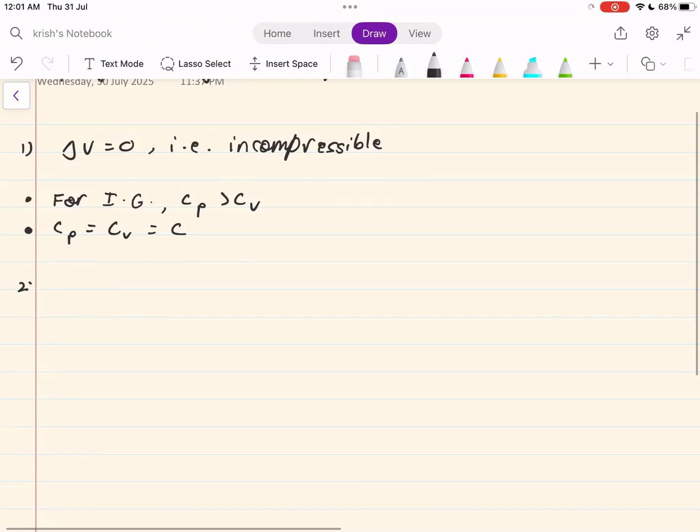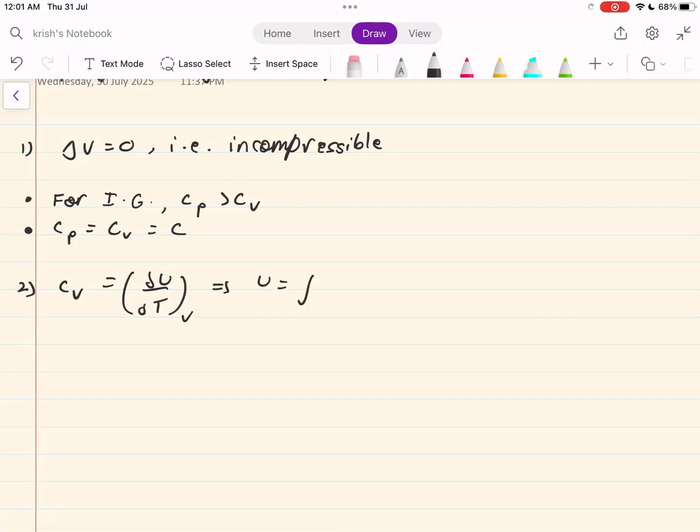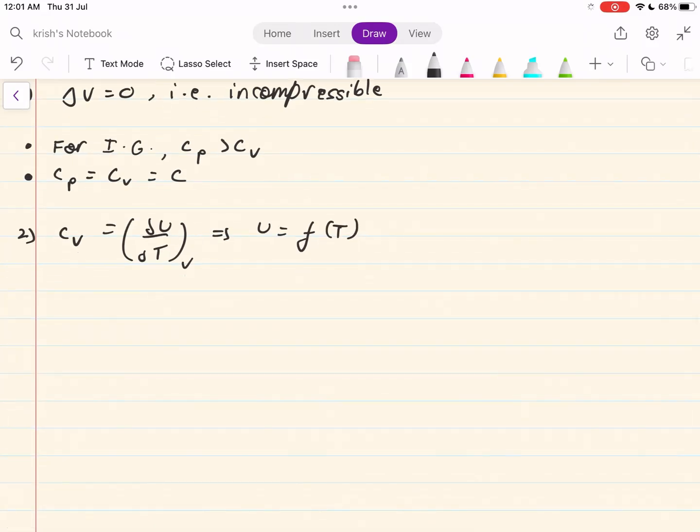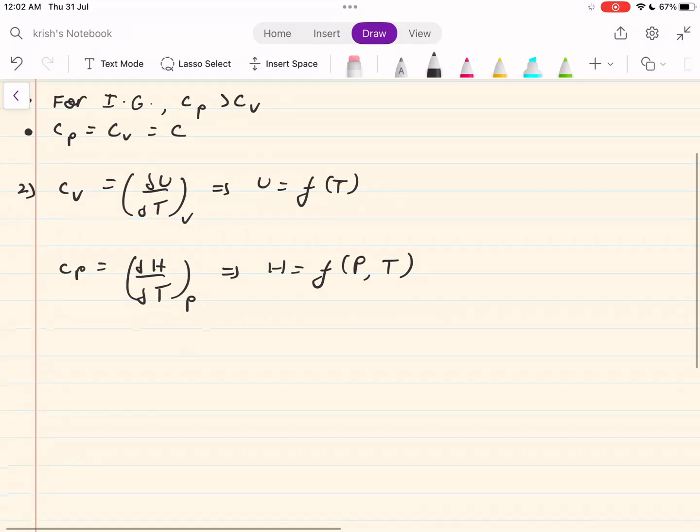So Cv is del U by del T at constant V, which means U is a function of temperature here as well. Cp is del H by del T at constant P, but H is a function of pressure and temperature here, whereas it was just a function of temperature before.